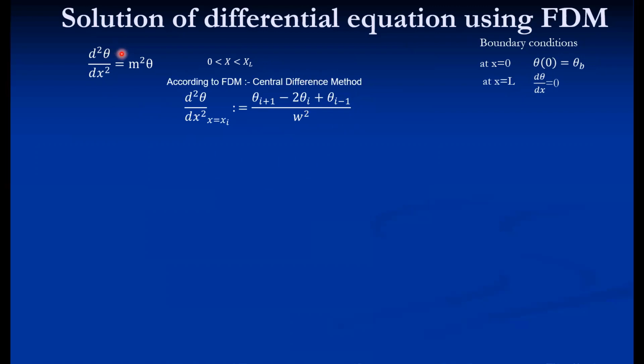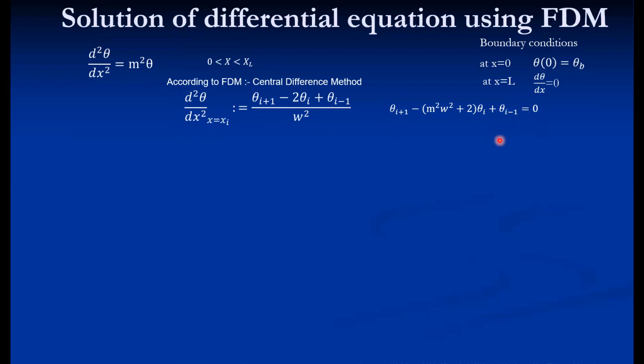So d2 theta by dx square is n square theta. So here we can write n square theta i. If we put that in and resolve it, we get this expression: theta i plus 1 minus (n square w square plus 2) theta i plus theta i minus 1 is equal to 0.